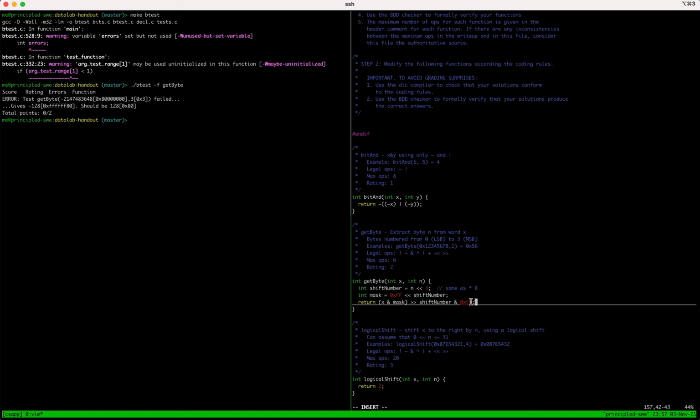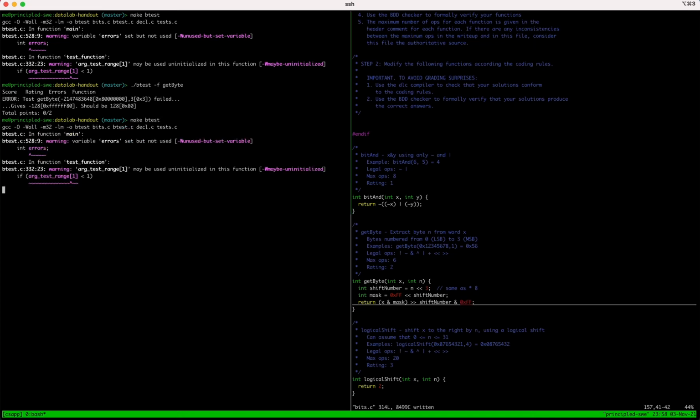What this means is, whatever this number is, I don't care about the left side of the number. We only want the rightmost 8 bits, and then all the others will be 0, right? So let's give this a try. Okay, now everything passed here.